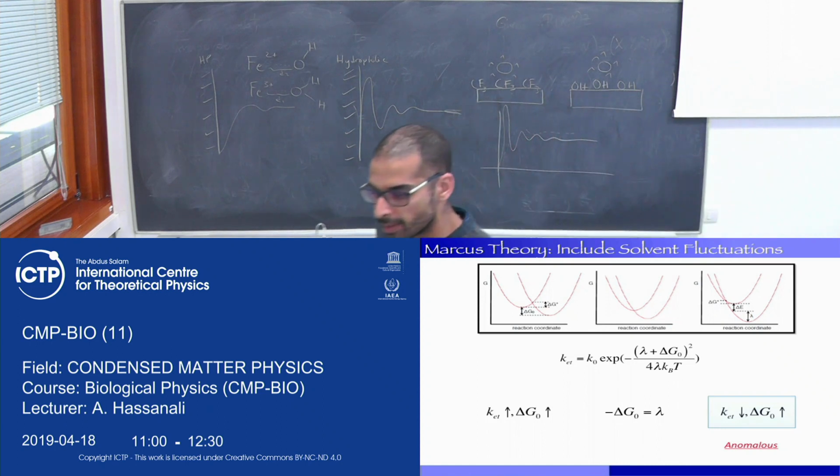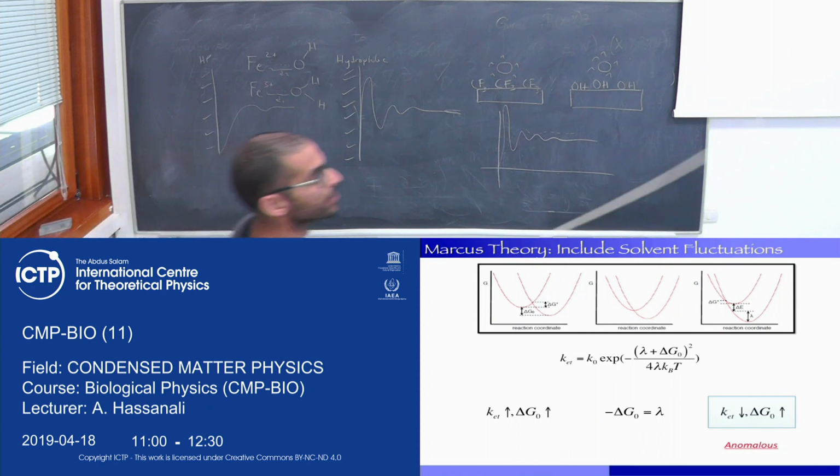And this was considered anomalous. Why? Because from the point of view of thermodynamics, if you have a larger driving force, you expect the reaction to spontaneously happen. But spontaneity doesn't tell you about kinetics. Kinetics is about activation barriers.